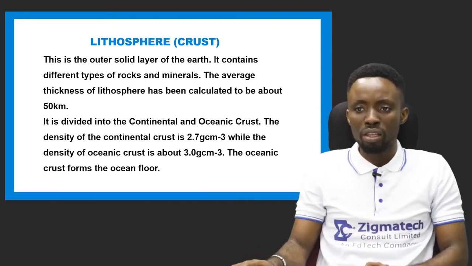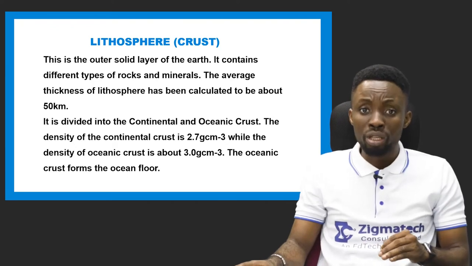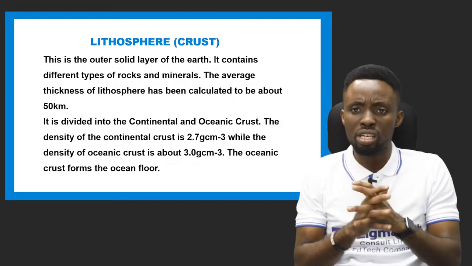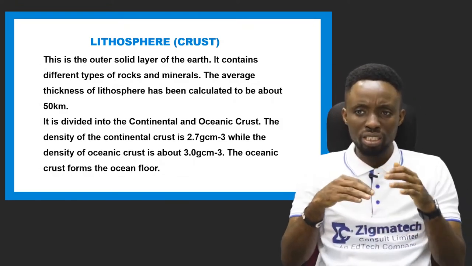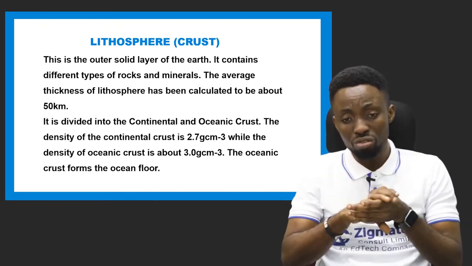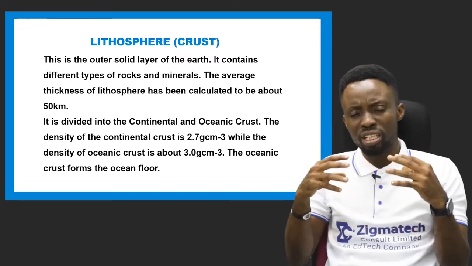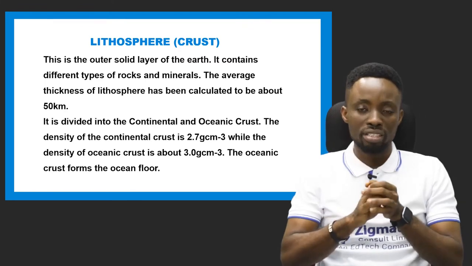If you look at it, it has a thickness of about 50 kilometers from the Earth's surface down. So the lithosphere is actually 50 kilometers thick, and is divided into two. The continental crust, which is rich in silicon and aluminum, has a density of 2.7 gram per cm cube.